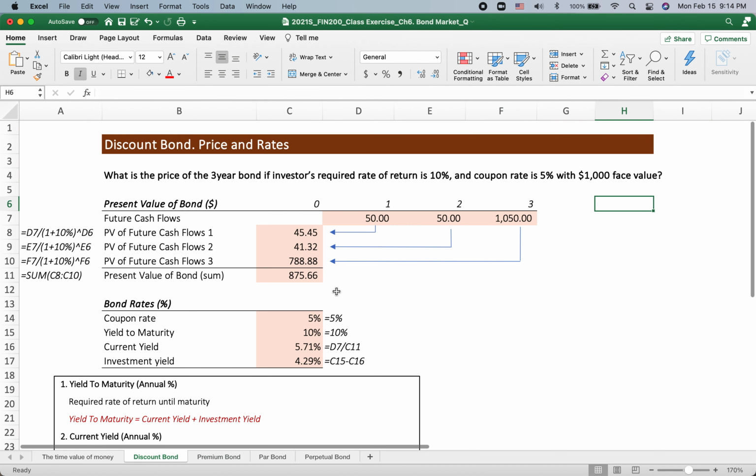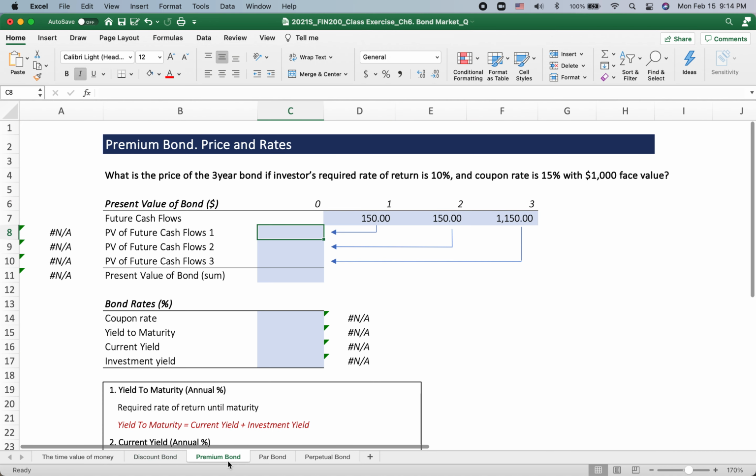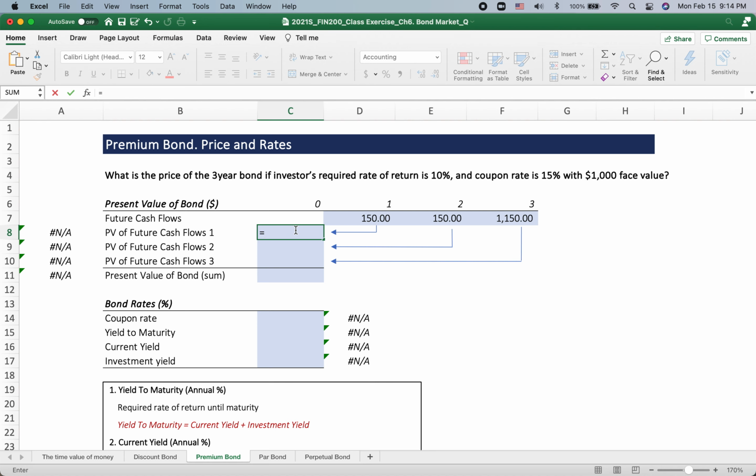Comparing this with the discount bond, the investors' required rate of return is the same, but the coupon rate is 15% and not 5%. In the same way, we discount this amount by 1 plus 10%, which is the market rate, or the required rate of return, or discount rate.